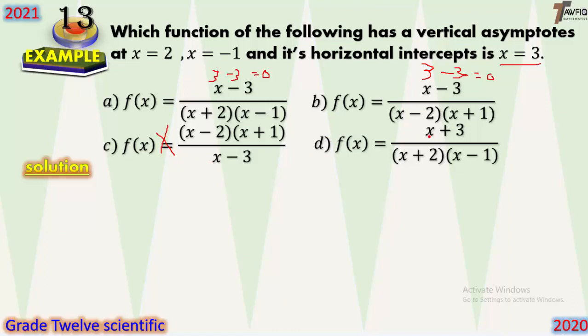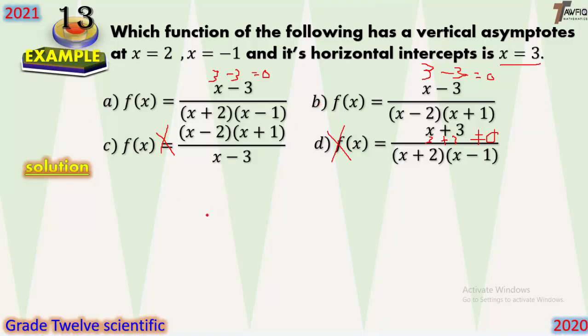Here 3 plus 3 is 6, not equal to 0, therefore x equal to 3 is not a horizontal intercept for this function. That means A or B is the correct answer.